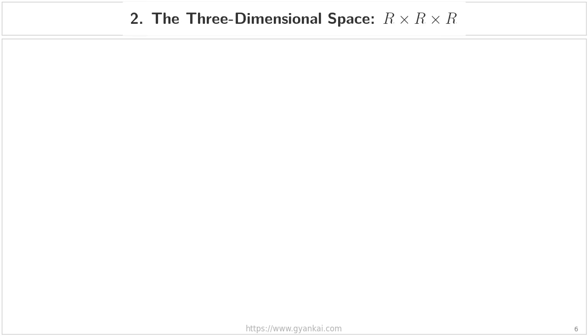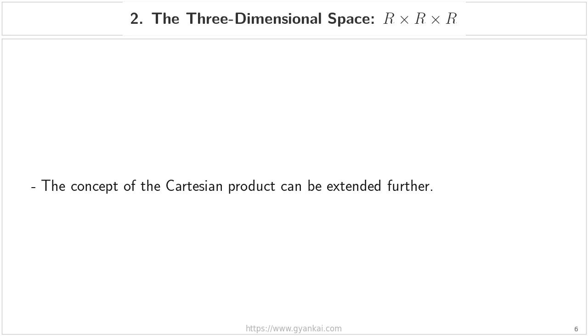2. The three-dimensional space, R × R × R. Now that we have a solid understanding of how the Cartesian product creates a two-dimensional plane, I want you to realize that this concept isn't limited to just 2 dimensions. We can actually extend this idea even further into higher dimensions.